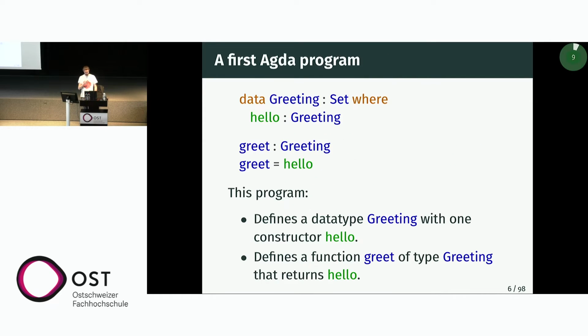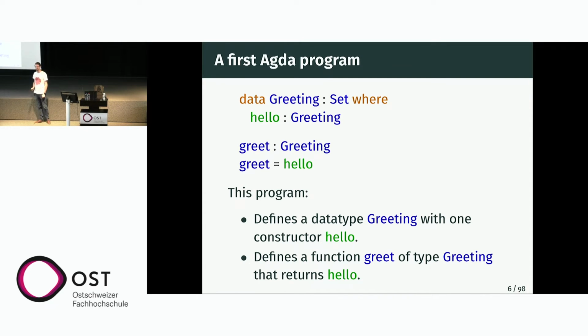Okay, and then let's take a look at a first Agda program. So here's a very small Agda program where we're defining a data type, right? It's called greeting. It has a single constructor called hello. And then we're defining a function called greet that returns something of type greeting.